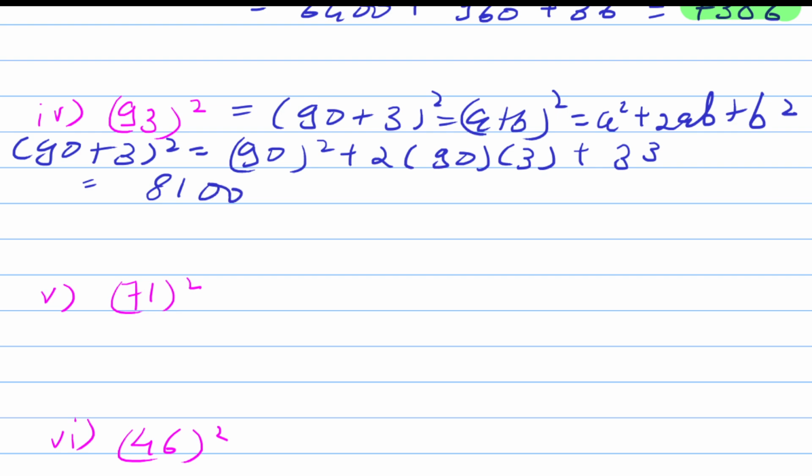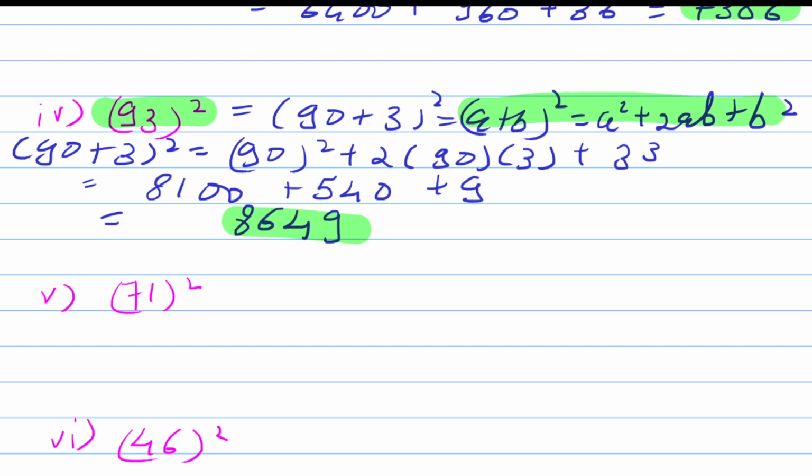That's 8100 plus 540, since 2 3s are 6 and 6 9s are 54. So that's 540 plus 9, and that gives us 8649. 93 square is 8649, for which we have used the identity a plus b whole square.